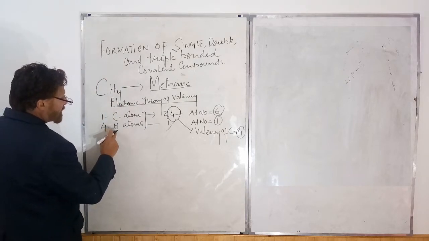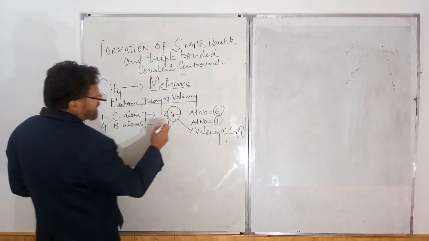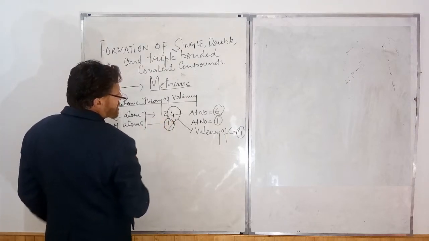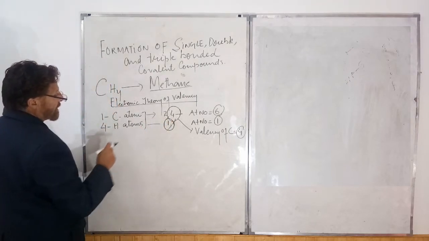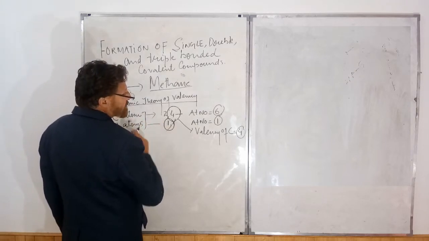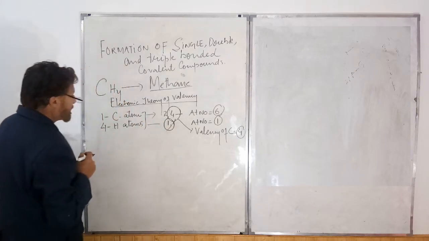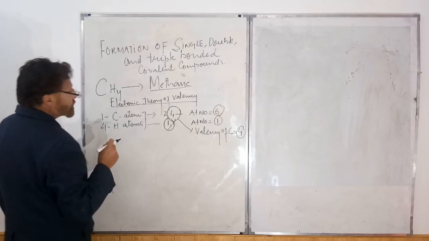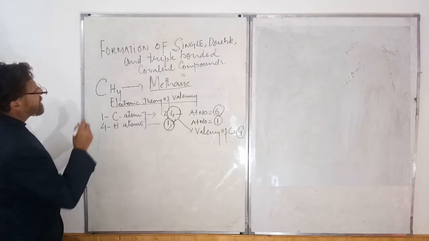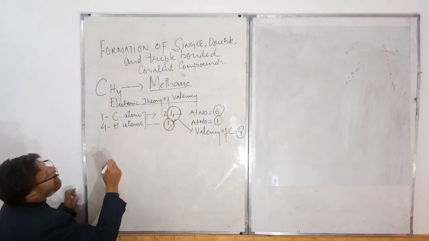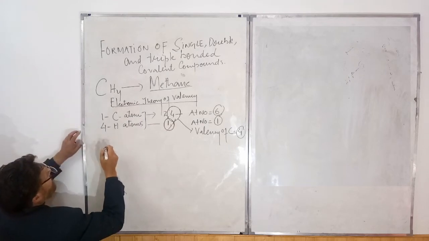And hydrogen has 1 electron in its outermost shell, which means it also needs 1 electron to become stable. Let us see how they will achieve stability.